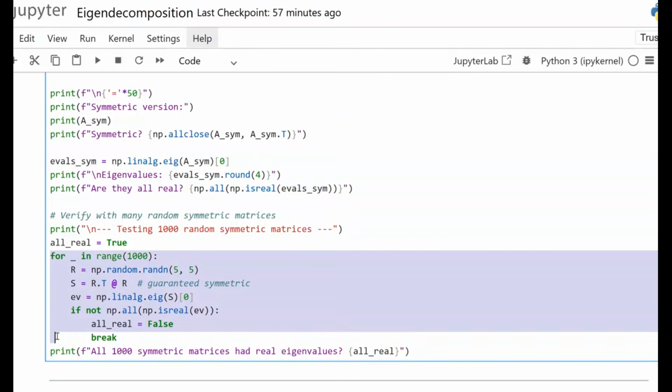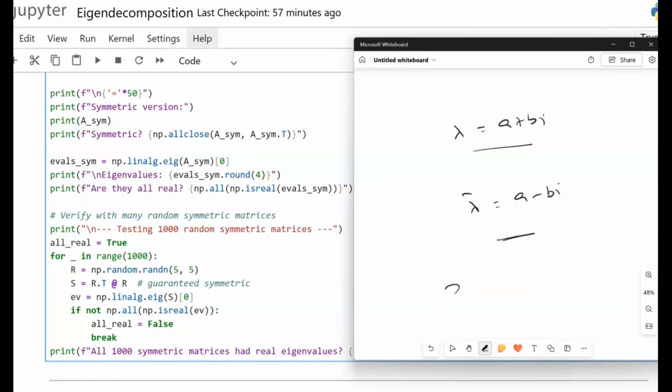Here we have an empirical verification using a Monte Carlo test. This loop generates symmetric matrices via S equal to R transpose R, which are symmetric and positive semi-definite.